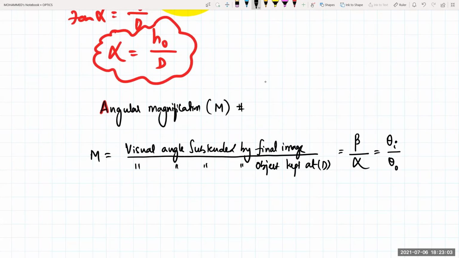So what is beta? Beta is the angle made by the final image, and alpha is the angle made by your object. Is it clear? Any doubt?